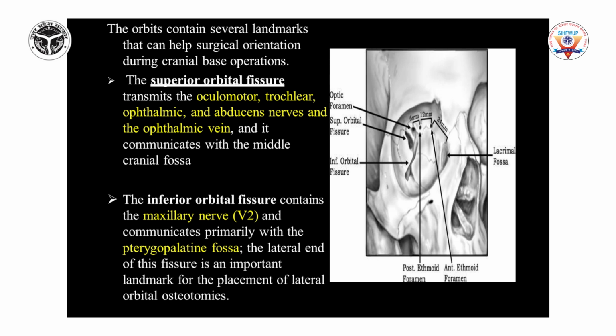So the agger nasi cell and frontal beak relationship is of which type? Agger nasi cell, can anyone tell? Why am I asking? Because I have to know how much I have to tell, because I cannot teach skull base in one day or one hour.